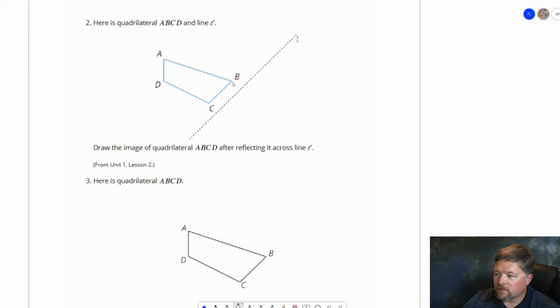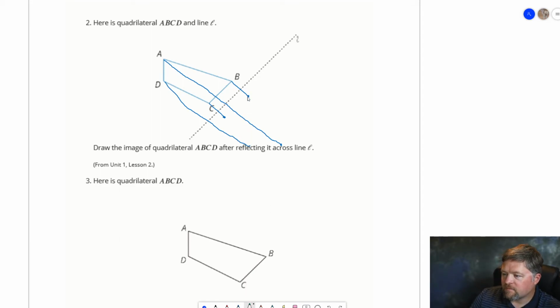Or we just go perpendicular to our line of reflection, equidistant, which is much easier to do with a ruler. Approximately there. Approximately there. Give it a new color so we can see just how well I did. So it will look approximately like that.